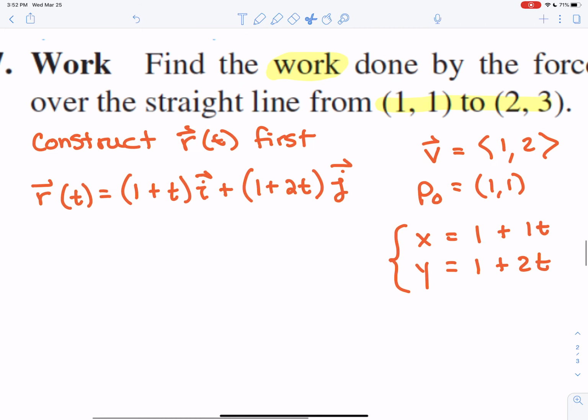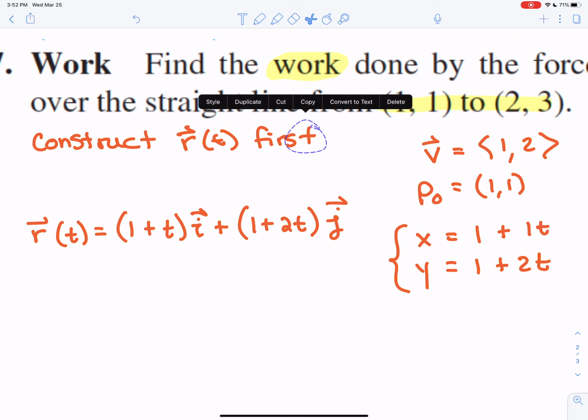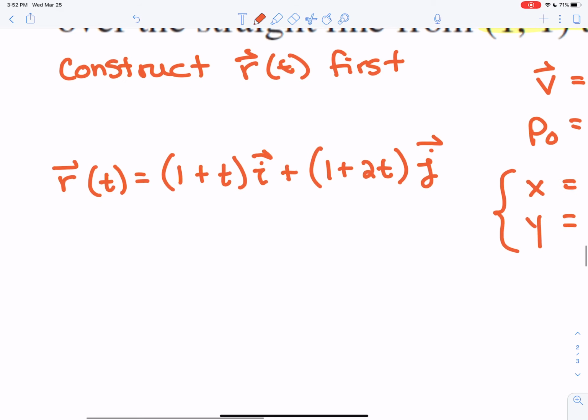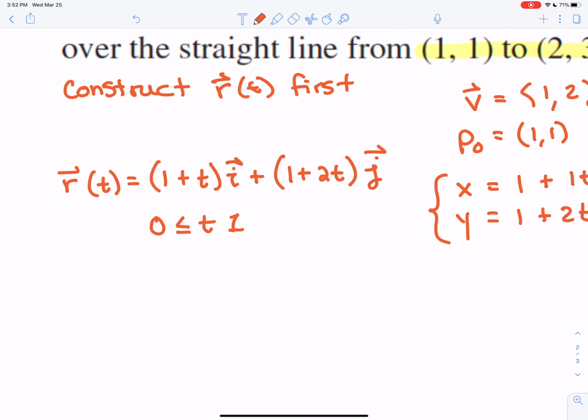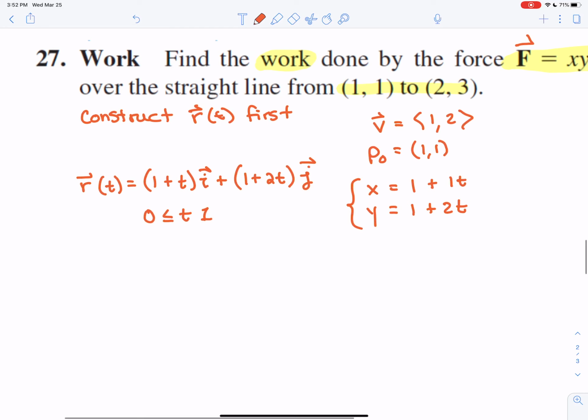So we parameterized the straight line segment from 1, 1 to 2, 3. All we have to do now is bound t between two things, so we just get that segment of the line. And in this case, if you plug in 0 for t, you get the point 1, 1. And if you plug in 1 for t, you get the point 2, 3. So this is a really nice way to write that parametric equation.